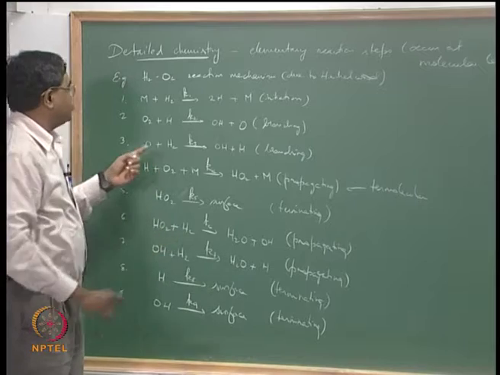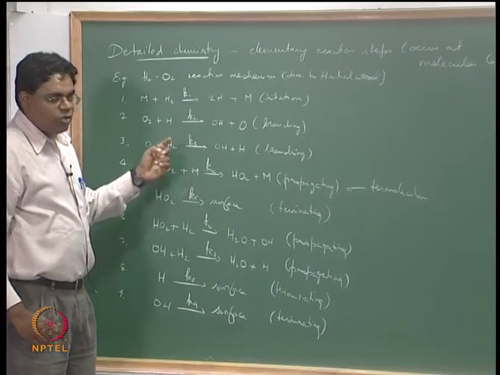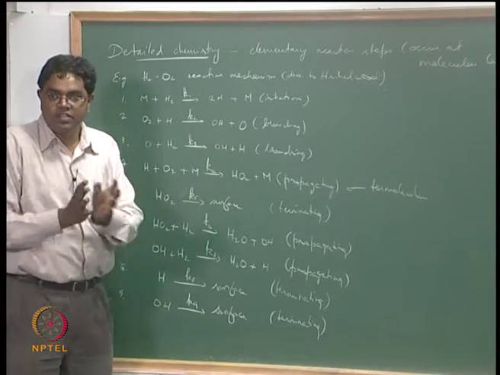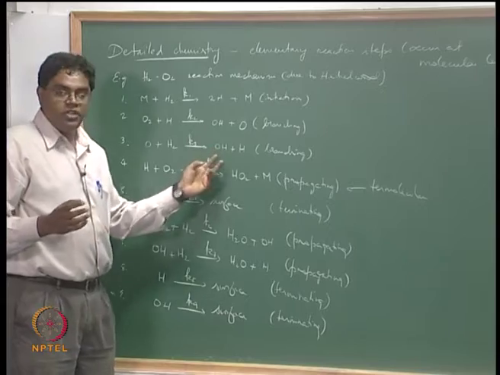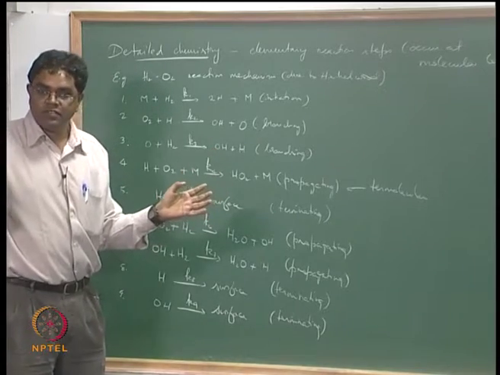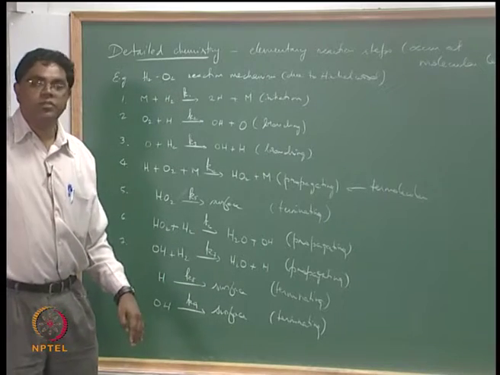You started out with one stable reactant and one intermediate, but it results in two intermediates. That means it branches out. So the third one is also actually multiplying the number of intermediates. The propagating steps are sustaining the number of intermediates.